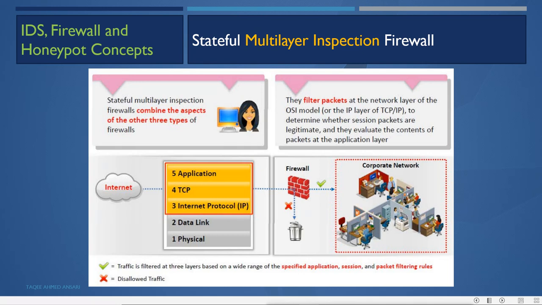That means it can work as a packet filtering firewall, a circuit level firewall, and also an application level firewall. That is why it is called a stateful multi-layer inspection firewall. It can filter the traffic at three layers based on a wide range of specified application, session and packet filtering rules.